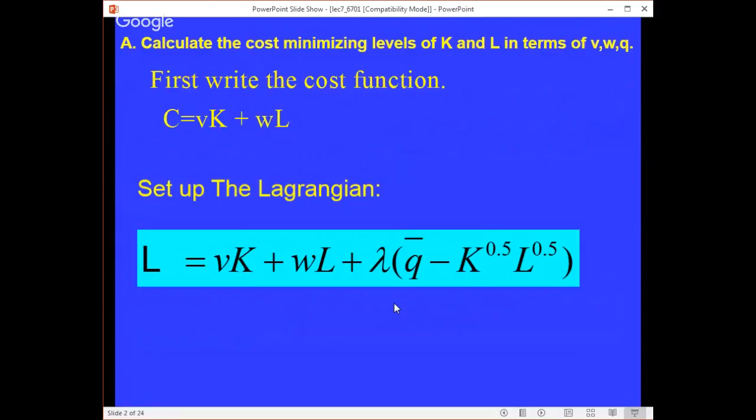Now, once you have that, we want to take the first order conditions with respect to all the unknowns. What are our unknowns in this case? Perfect. K, L, and lambda.